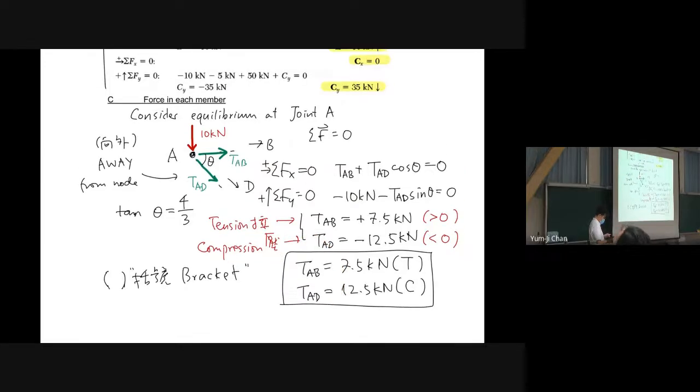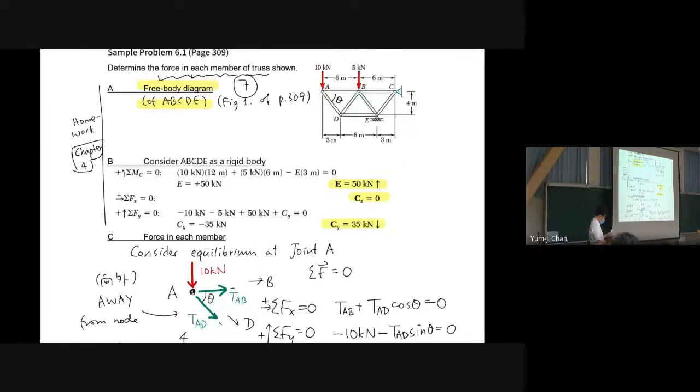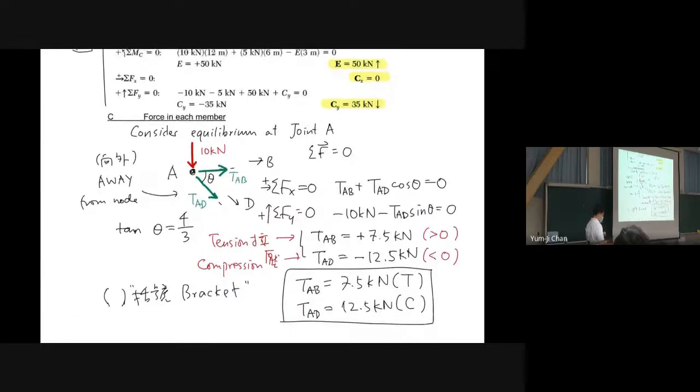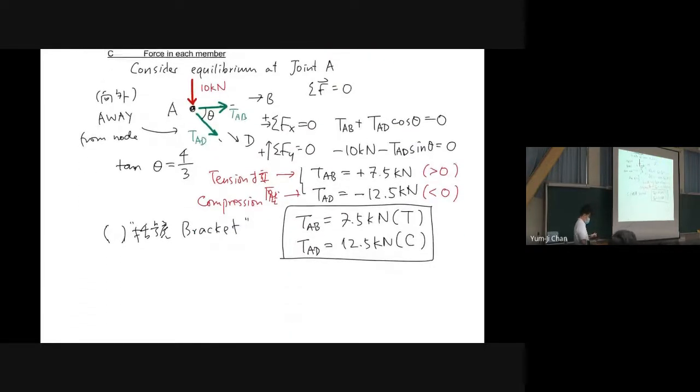Now let's take these two members, and now we need to do the rest, 1, 2, 3, 4, 5. Okay. Now let me do it once more, and write down the equations, and you can do the rest.